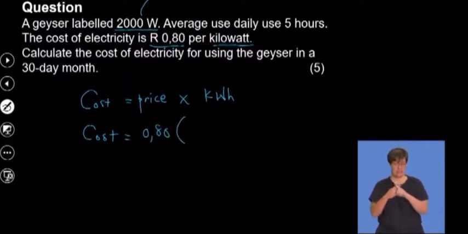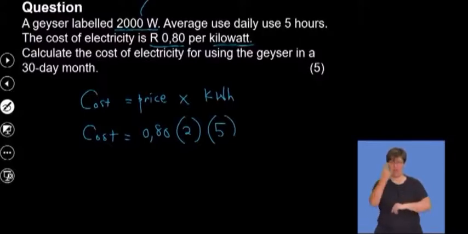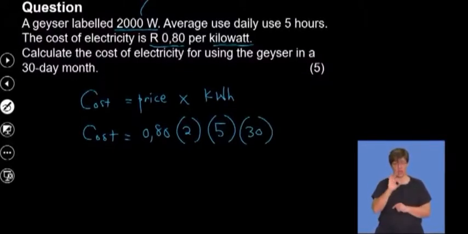How many kilowatts are there? It's 2. The 2 comes from the 2,000. So 2,000 watts is 2 kilowatts, multiplied by the amount of time that you use per day, and how many days do we have in that month? If per day is 5 hours, it means we've got 150 hours in a 30-day month.